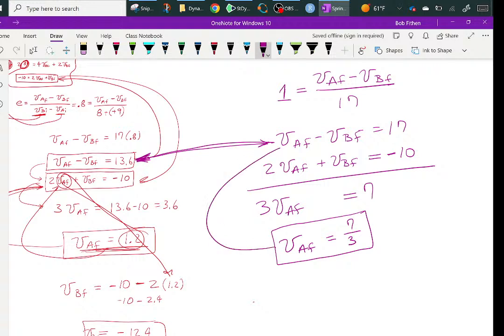So I'll take the VAF and stick it right here. And then VBF will equal, and move that to one side and move the 17 to the other side, will be 7 over 3 minus 17. I don't want to calculate that. Let's see if it'll give it to me in thirds. Oh, it will.